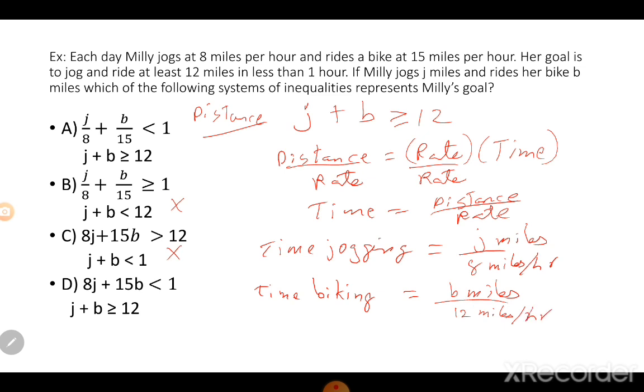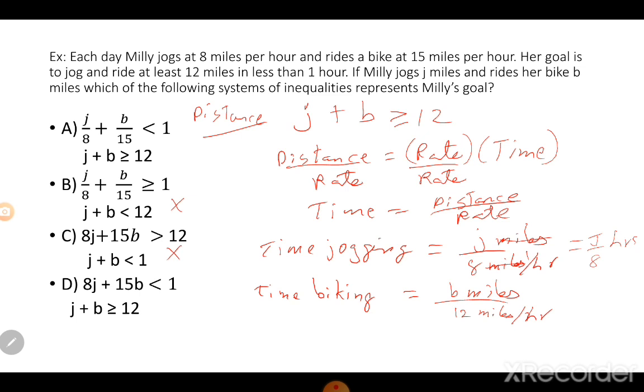Okay, and if we cancel out the units, we see that this becomes 1 over an hour in our denominator, but when we flip it over, it becomes j over 8 hours. Okay, so we know for sure this is time.